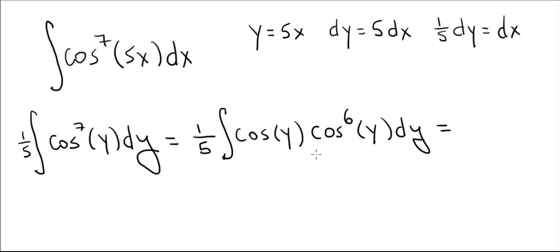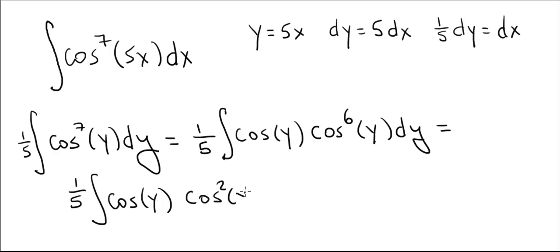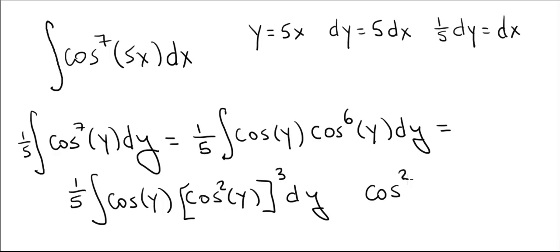We then rewrite that as 1/5 times the integral of cosine of y, rewriting cosine to the 6th as cosine squared of y cubed. And using the trig identity, cosine squared of y equals 1 minus sine squared of y, we're going to replace cosine squared with 1 minus sine squared.